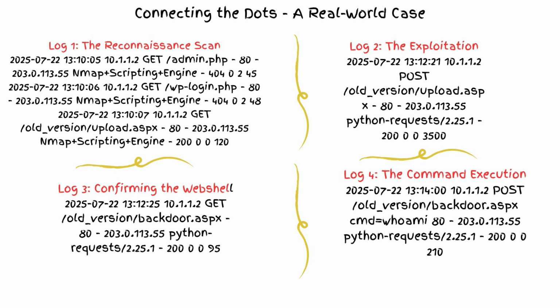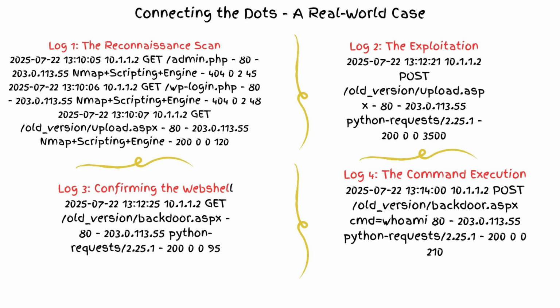We see another POST request to their web shell. Look closely at the cs-uri-query field, which is written as cmd=whoami. This is often called command injection. The attacker is using their web shell to execute commands on our server.